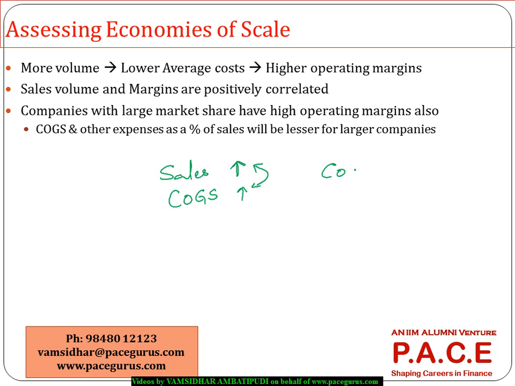Which means when I take the cost of goods sold to sales ratio, this ratio should be gradually falling as the business is increasing.